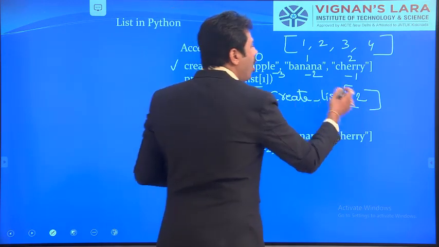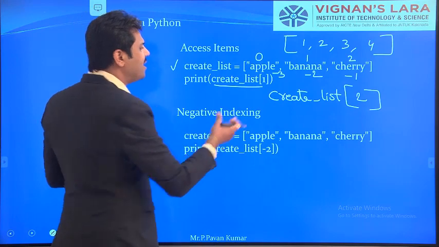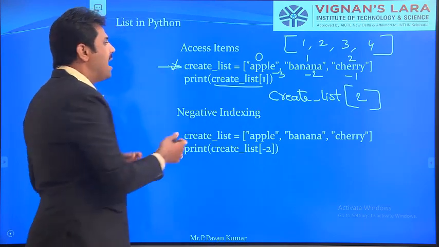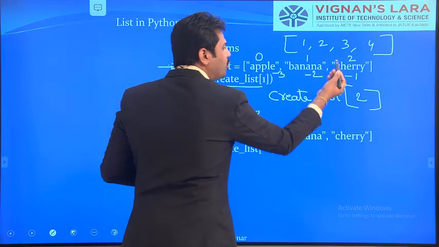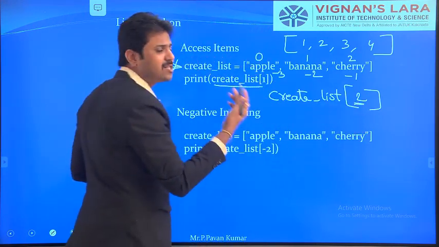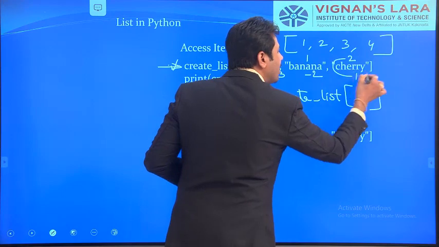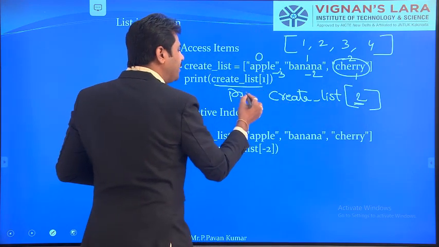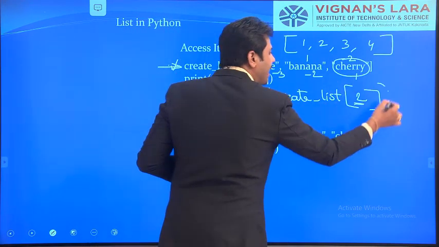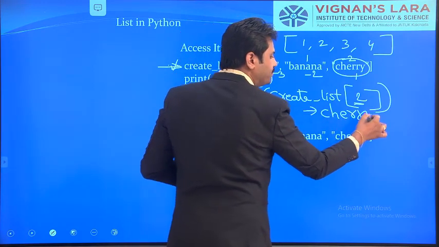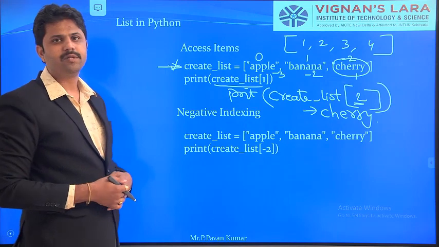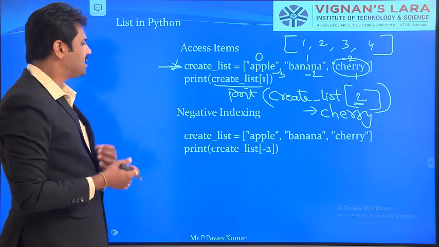Create list is this list, which contains 3 elements, indexed 0, 1, 2. I represent index 2. What does 2 contain? Cherry. The print statement provides the output cherry.